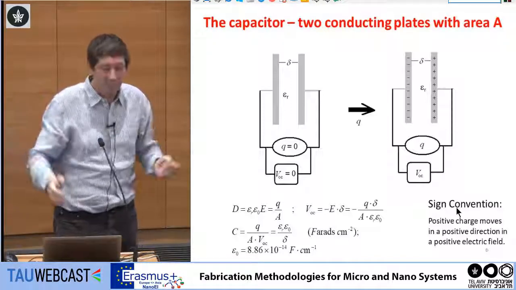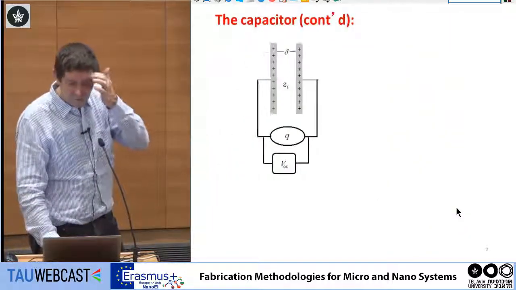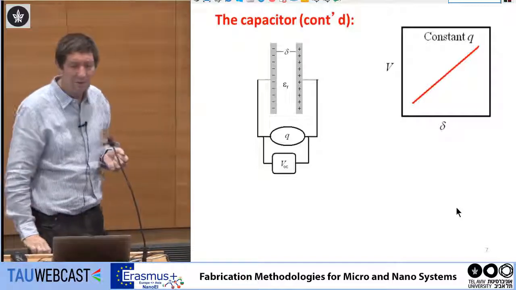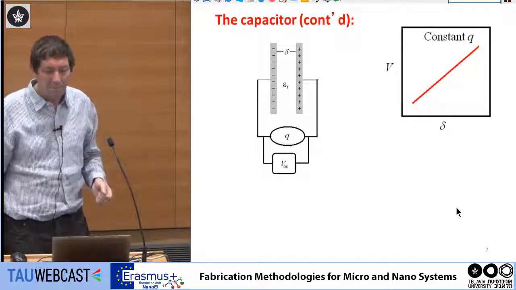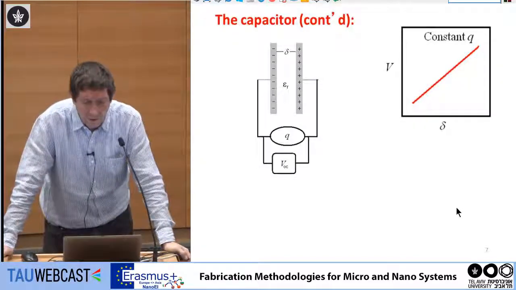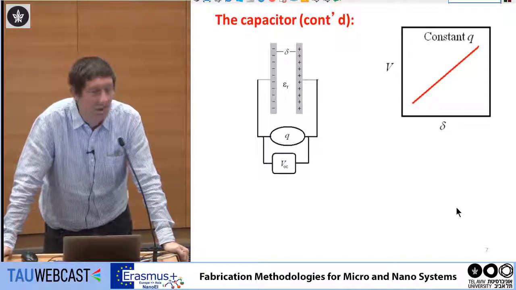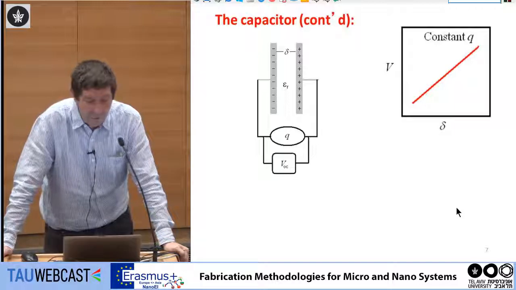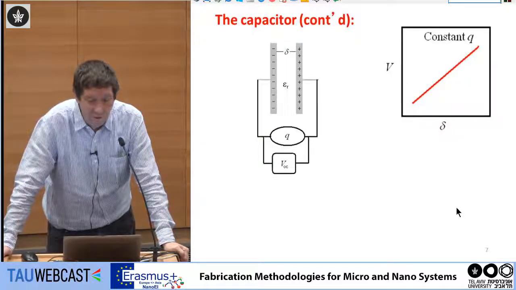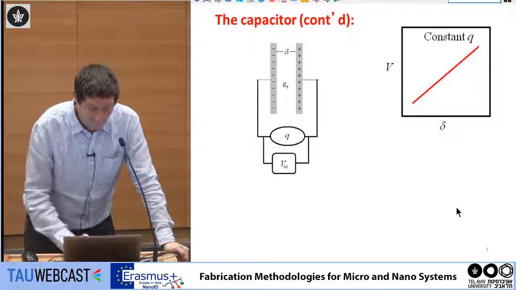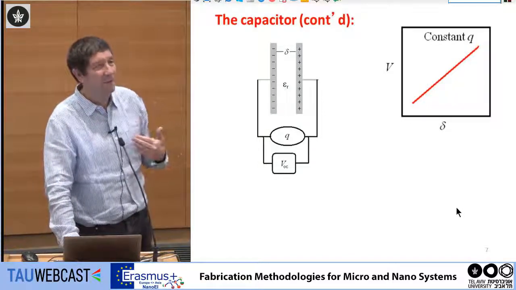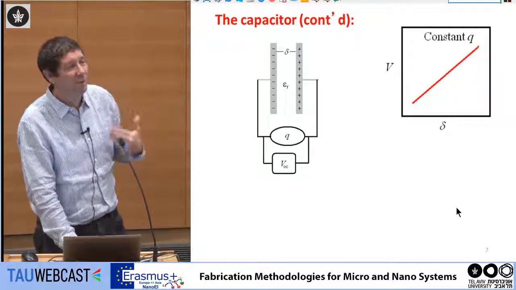What's happening? In a typical capacitor, if I apply a fixed charge, the voltage between the plates is proportional to delta. So V is the charge divided by the capacitance, which is charge divided by epsilon over delta.